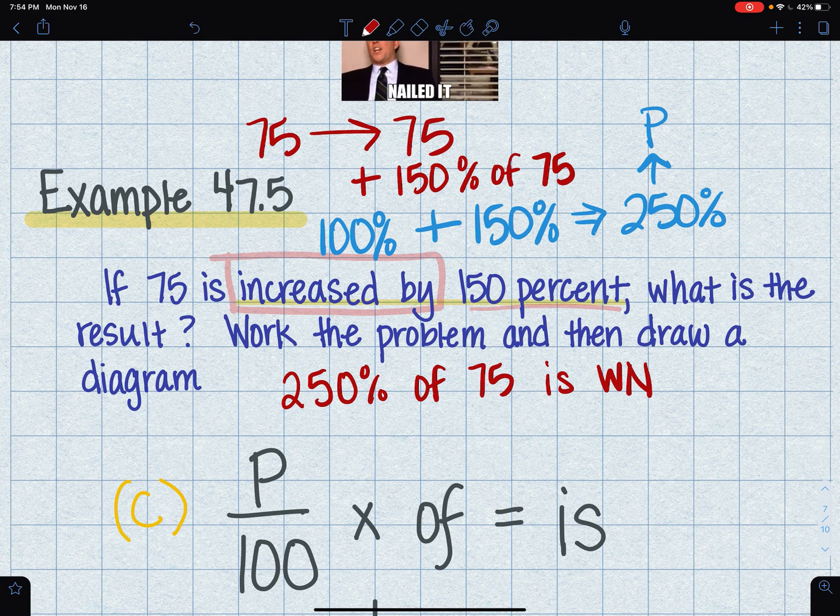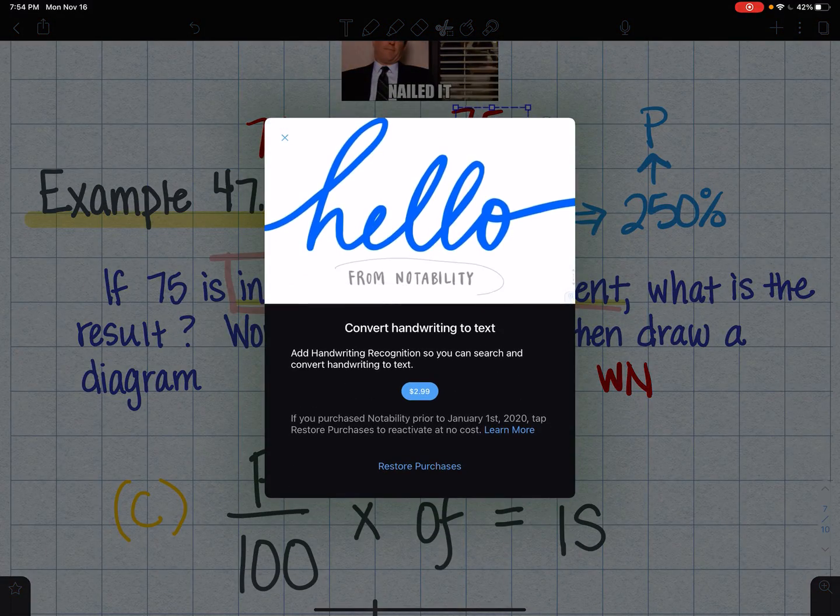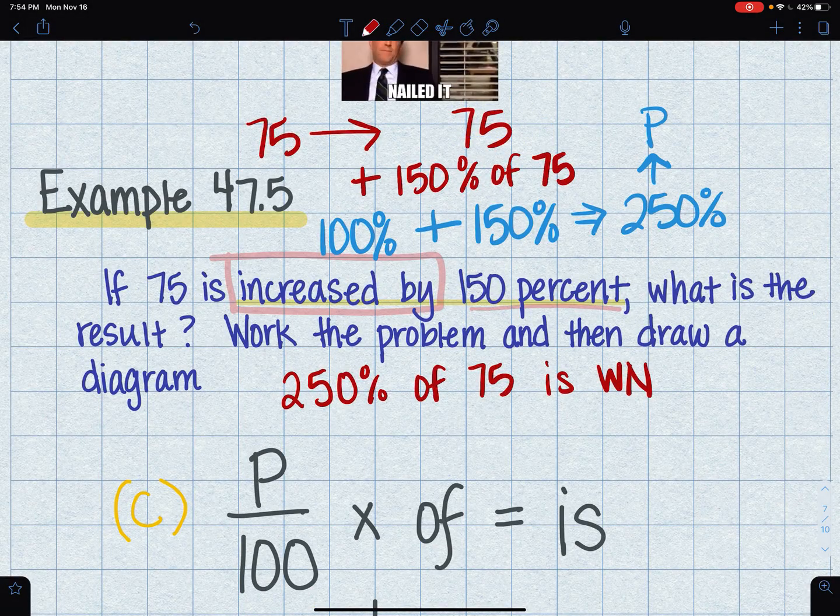So that's what they're saying. You get 100% of your $75 investment back, but you also get 150% of it back. That's why the total is 250.